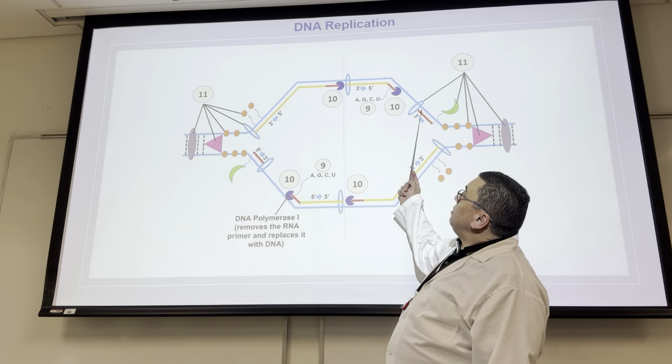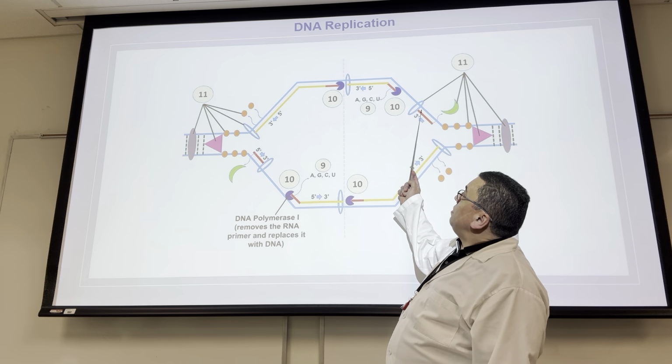You know how long it took me to draw these things? Very long time. All right, here we go. This piece is a complete Okazaki fragment. That's completely DNA. And this one is almost done. DNA polymerase 1 is binding to remove the primer. And then you realize something.